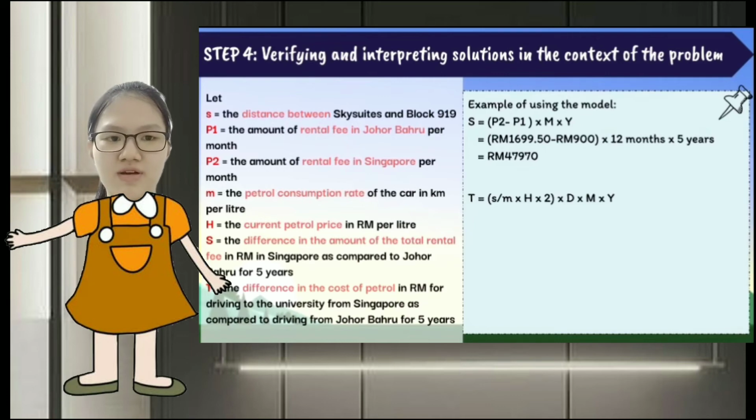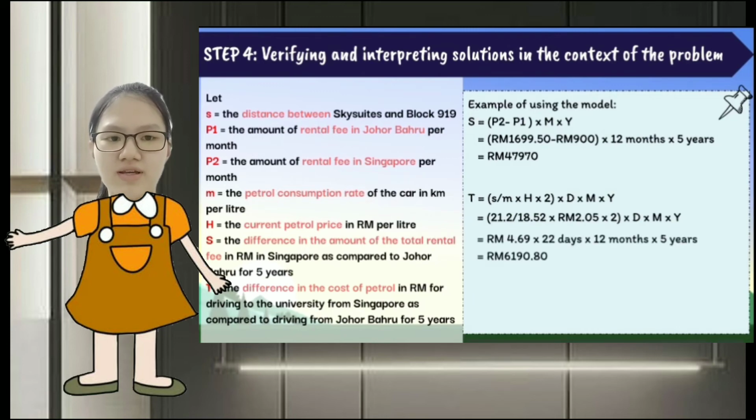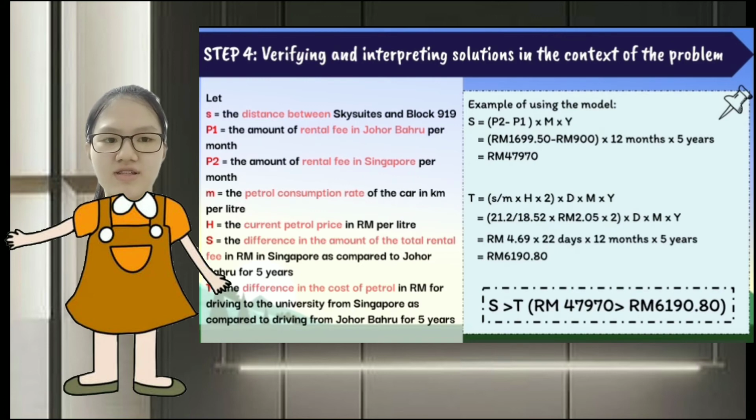While T equals S over M times H times 2 times D times M times Y, which is 22.1 over 18.52 times 2 ringgit 5 cent times 2 times D times M times Y, and it equals 4 ringgit 69 cent times 22 days times 12 months times 5 years, and the final answer will be 6,119 ringgit 80 cent.